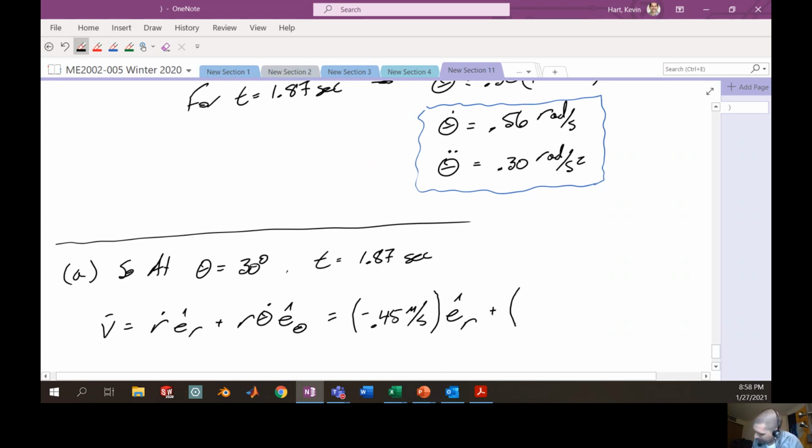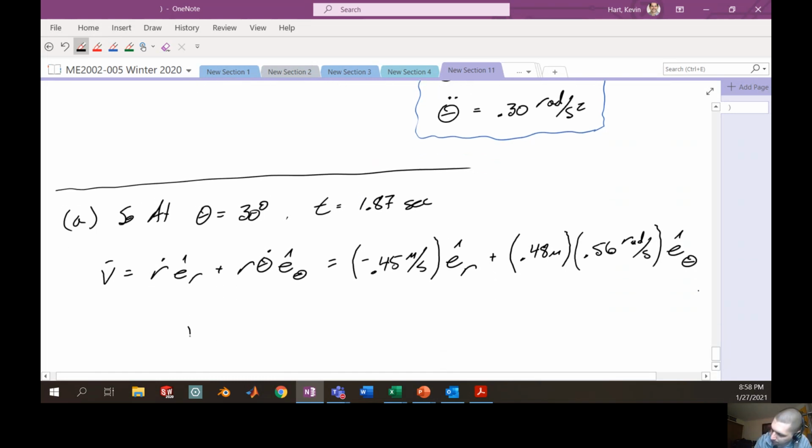My position r at this one snapshot in time is 0.48 meters. My angular velocity at this particular time, theta dot, is 0.56 radians per second, and this is in the theta direction.